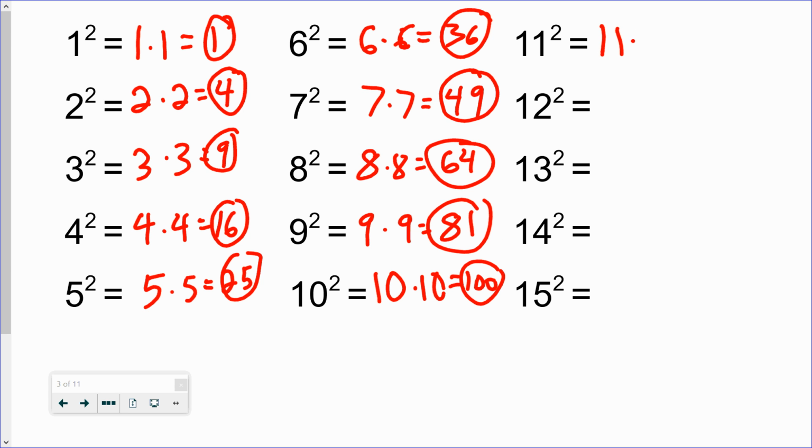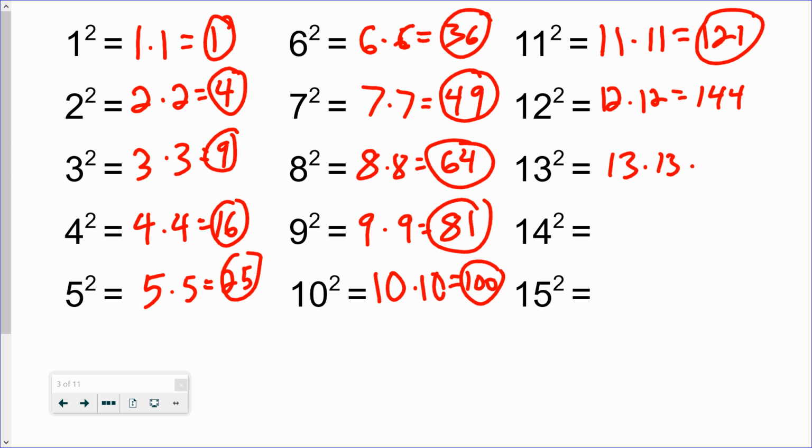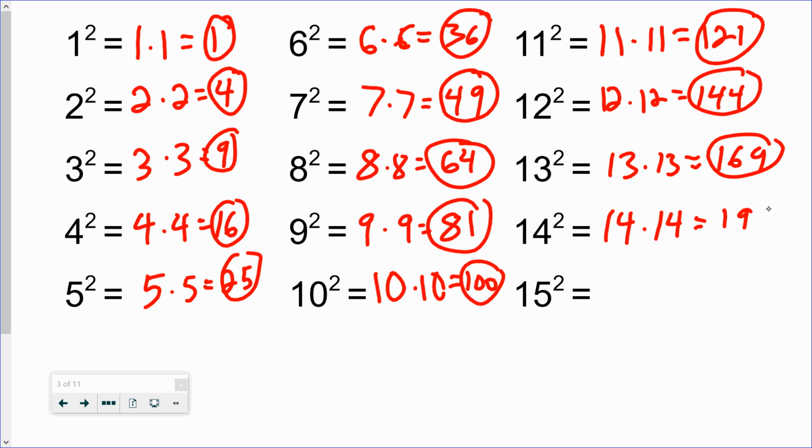11 times 11 equals 121. 12 times 12 equals 144. 13 times 13 equals 169. 14 times 14 is going to make 196.